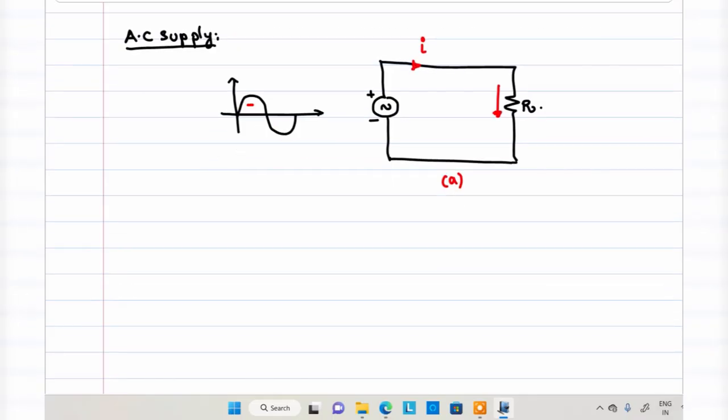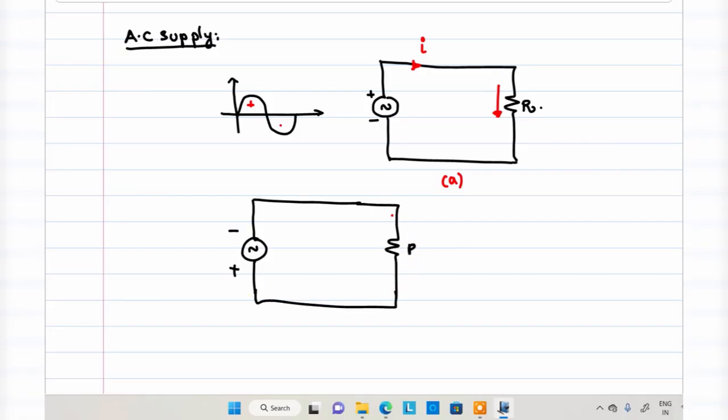Now the same circuit, in the negative half cycle case, what will happen? The polarity changes. Look at the current direction we gave here, negative and positive polarity. So the current will be flowing through this circuit in the opposite direction. This is the direction. Previously I mentioned that in case of DC there is only one direction.